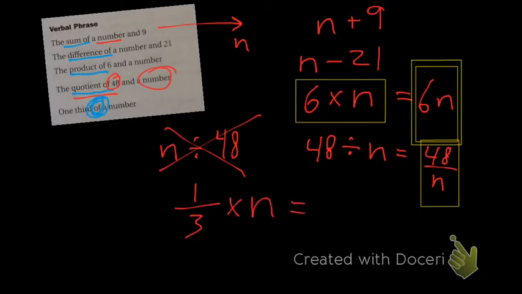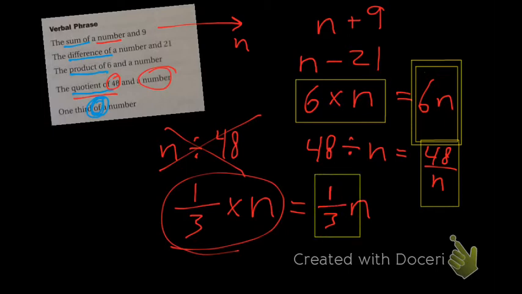Once again, instead of seeing it like this, most often you will see it like this. Just 1/3 scrunched up again up against that variable. 1/3 n. That means 1/3 times n. And remember, n is a variable. It could be whatever number they tell you it should be.